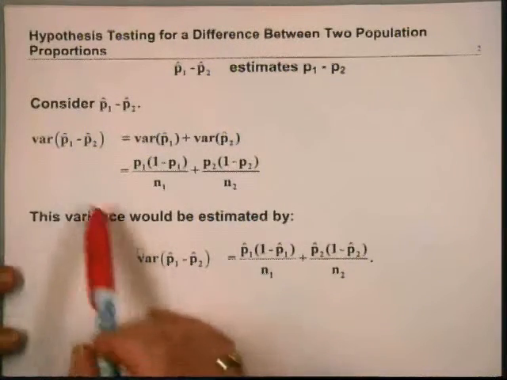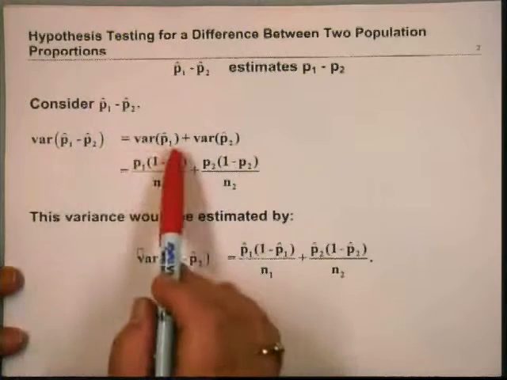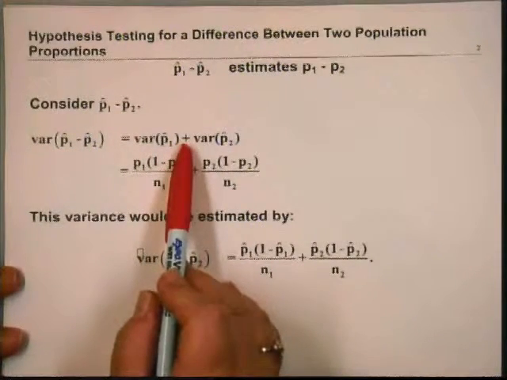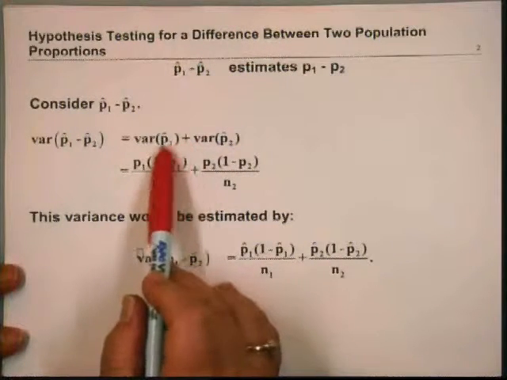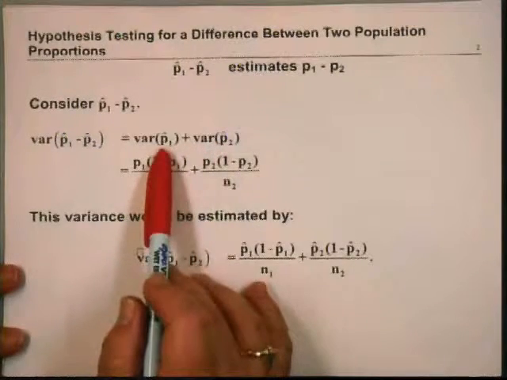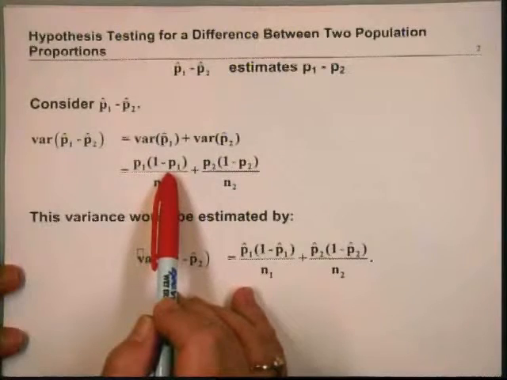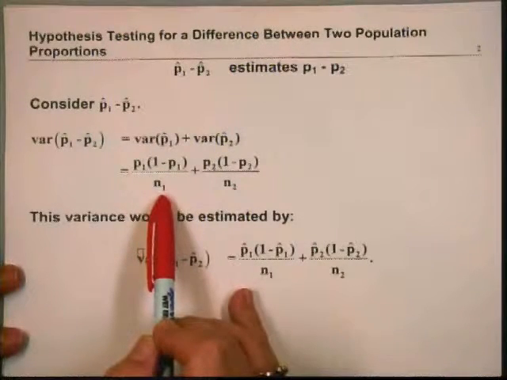So the variance of the difference between proportions, remember variances are always additive, so that's not a typographical error there. We don't ever subtract variances. So the variance of the first plus the variance of the second. Back in the single sample case, remember the variance associated with a proportion was the population proportion times 1 minus the proportion, over the respective sample size.